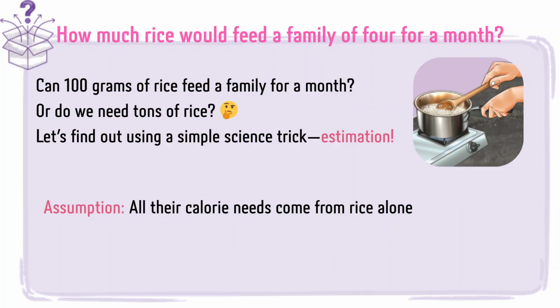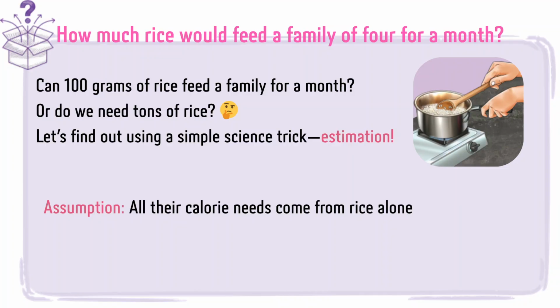Imagine a family of four sitting down for dinner every day. Rice is served at every meal, steaming on plates, filling bowls, and slowly disappearing from the kitchen container. Now ask a simple but powerful scientific question.